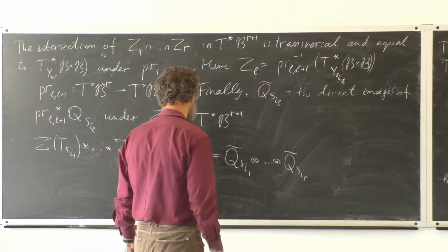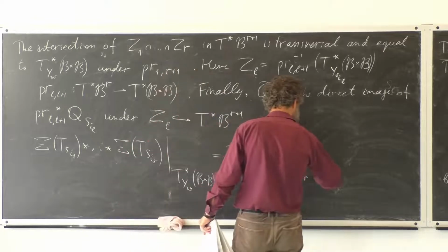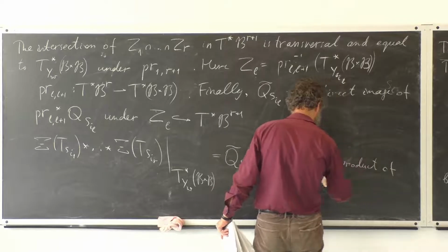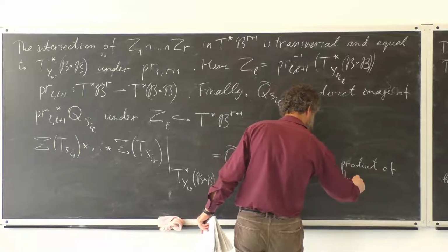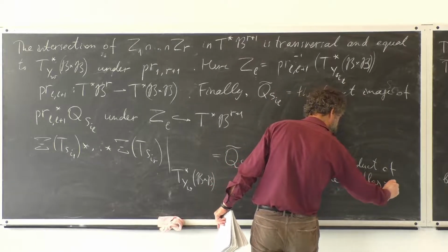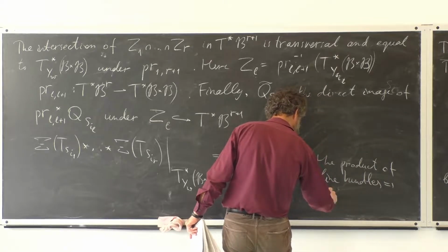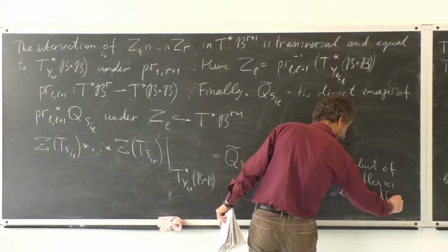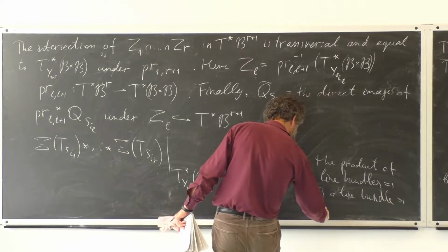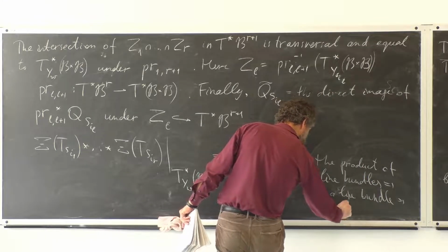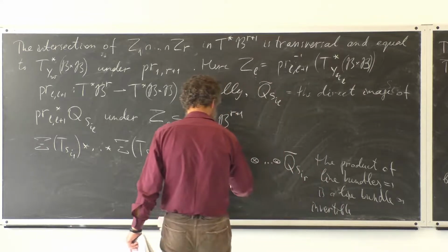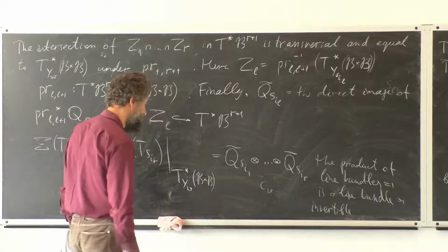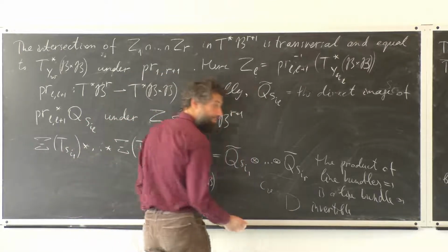Okay, the product of line bundles. And hence it is a line bundle, and hence invertible. So the class of this is what we denoted CW, and the proposition is proved.